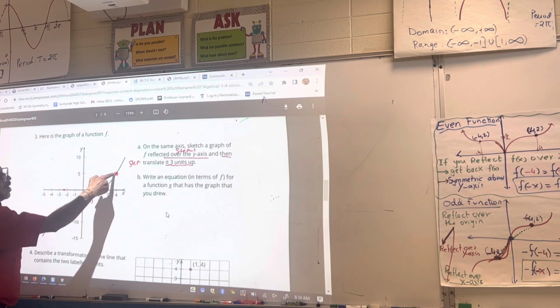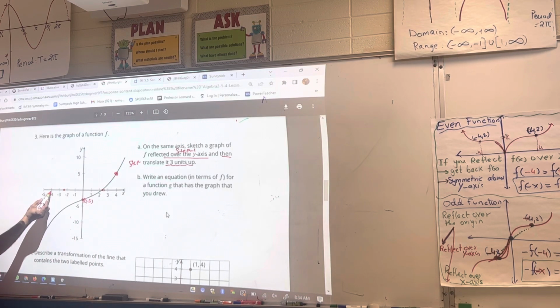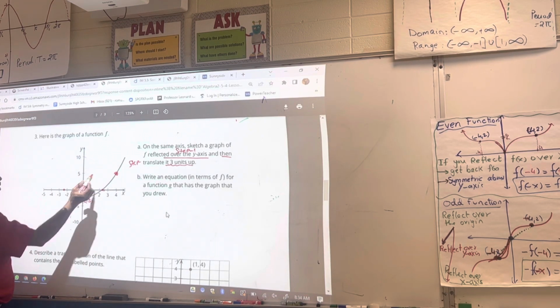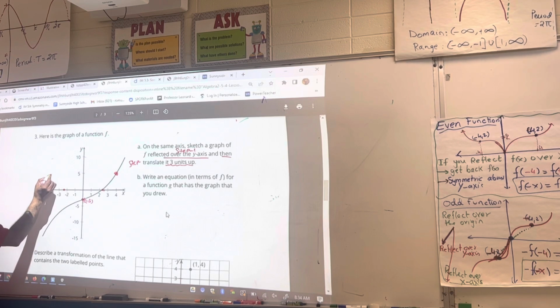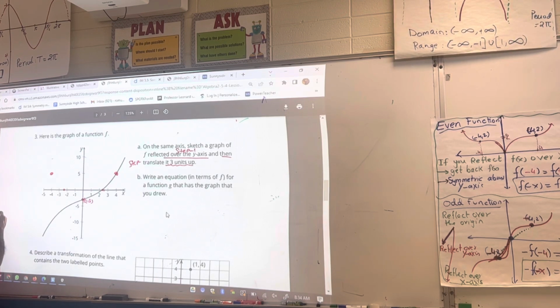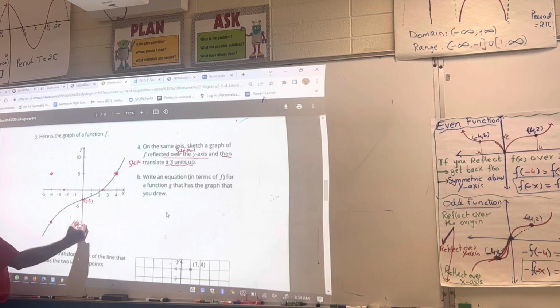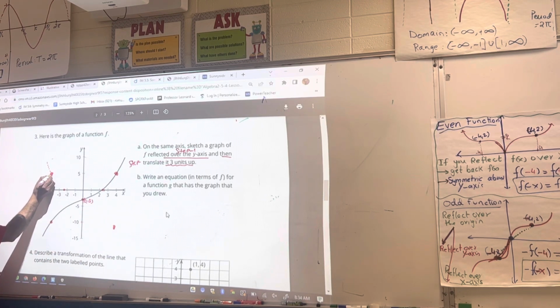So I can say -4, so this point will go to -4 and 5. This point is going the other side, somewhere here. And this is the graph in between.